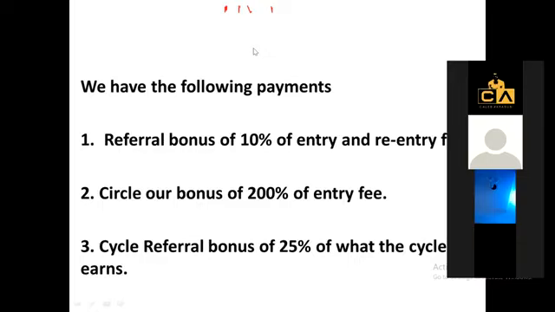So the entering is the re-entering and re-entering. The exit is when they finish the circle and it goes out, it's done with that circle, that is exiting to re-enter. So as he's exiting and earning $2, the upline or the sponsor is going to be paid 25%.